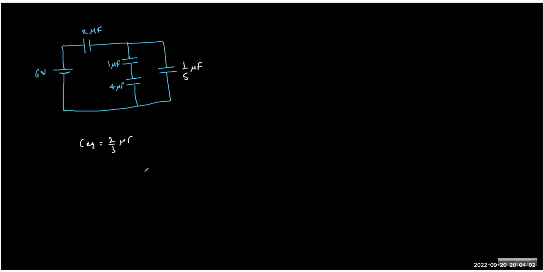That's correct. And then you can find the net charge, right? Net is 2/3 into 6, that is 4 microcoulomb. And now you will work the circuit.